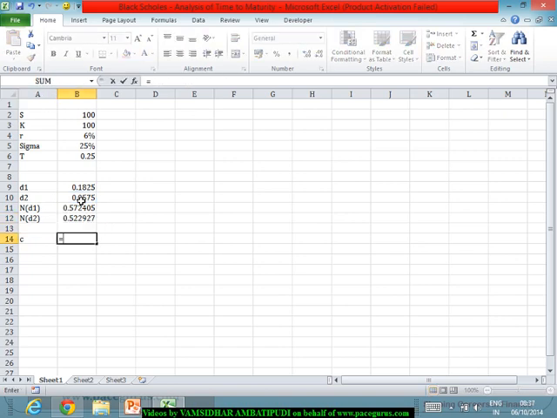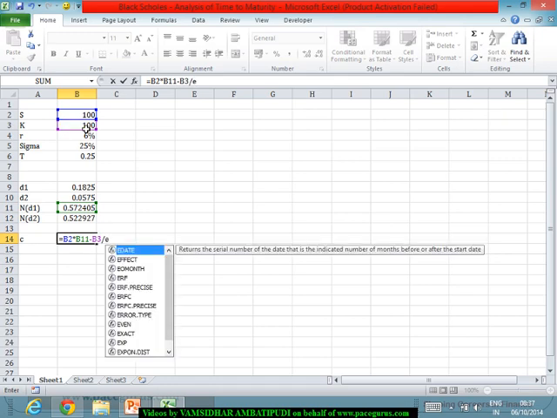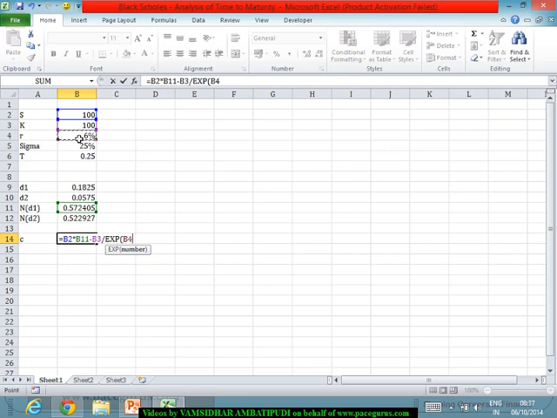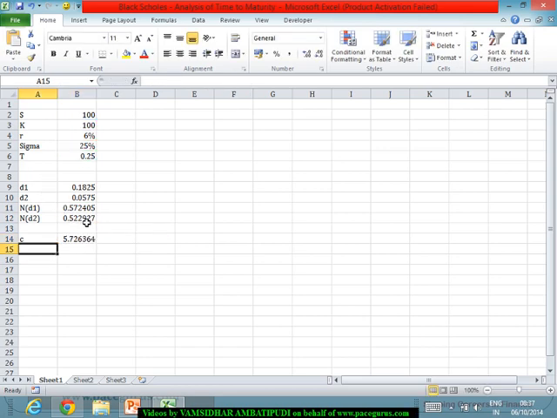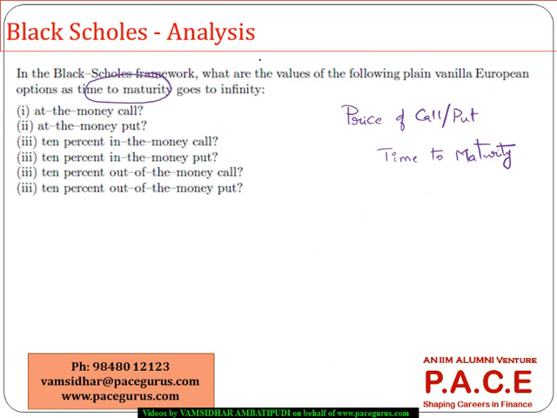From here I can find the price of the call option: the spot price multiplied by N(d1) minus the present value of the strike price, that is K divided by e to the power RT, times N(d2). So this is the price of the call option here. And what about the put option? I can use the put-call parity relationship.